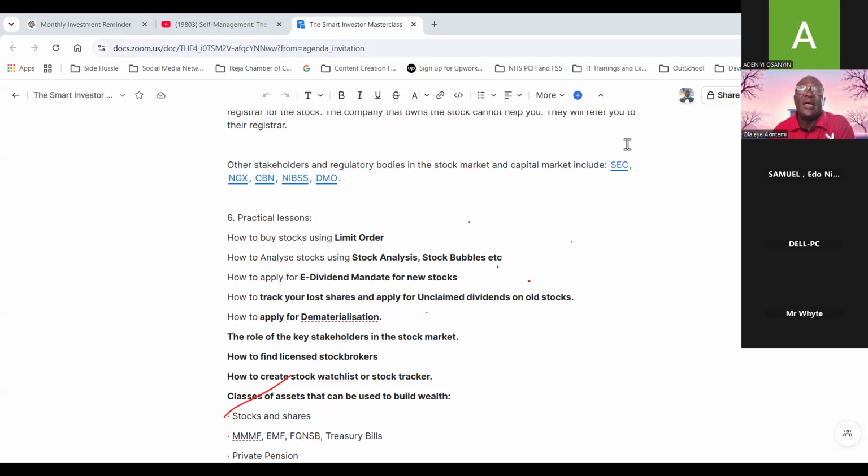Some people use Cowrywise, and any other app you use. It doesn't matter, or any other stockbroker that you use. So I use Stanbic IBTC, and when I log in, the screen you will be seeing is that of Stanbic IBTC. But the same thing should apply to whichever stockbroker or app that you are using.